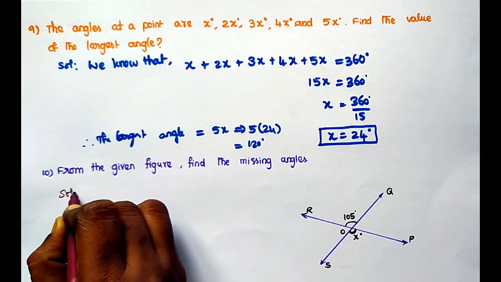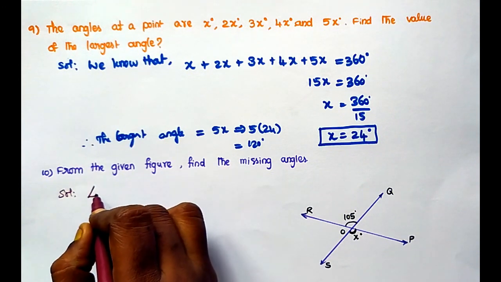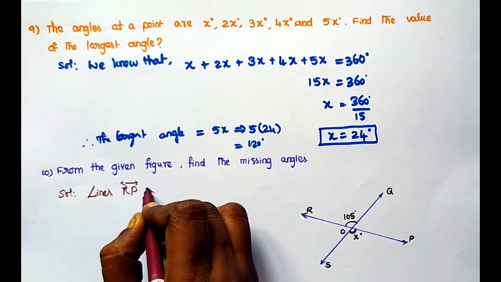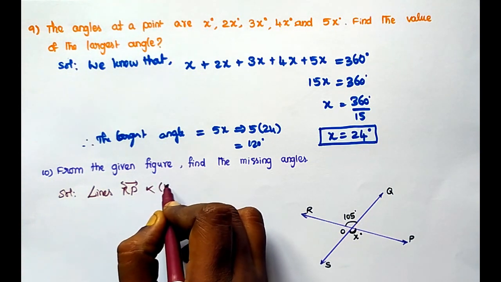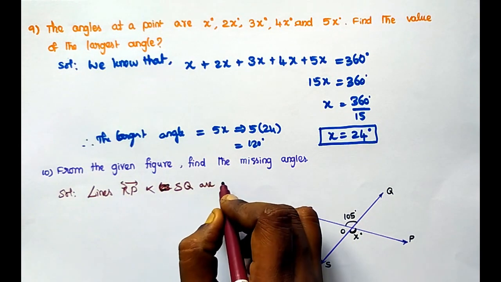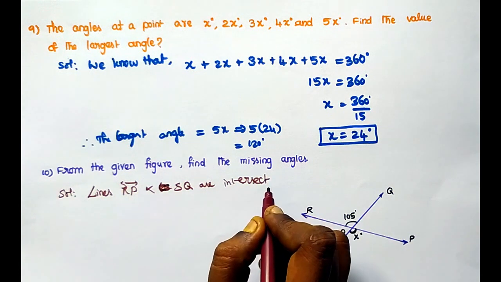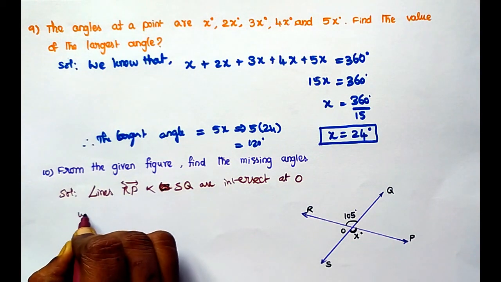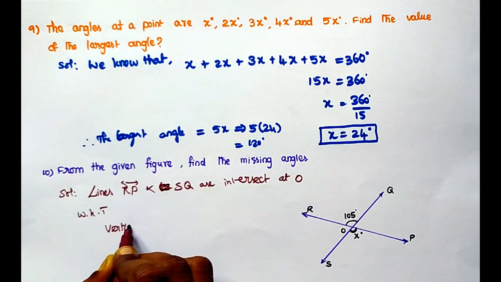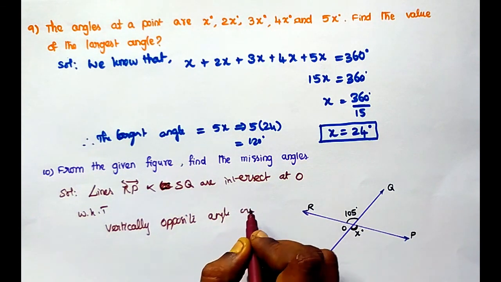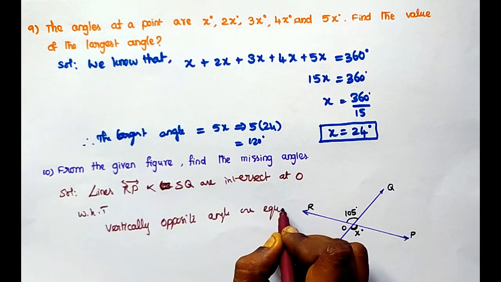Now, two lines RP and SQ intersect at O. We know that vertically opposite angles are equal.